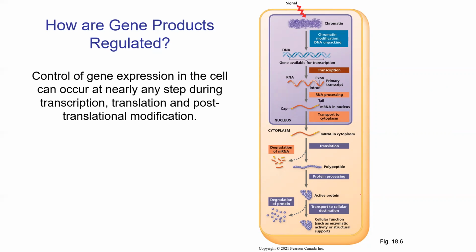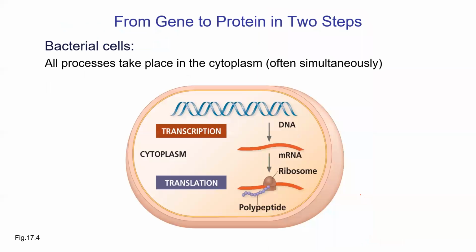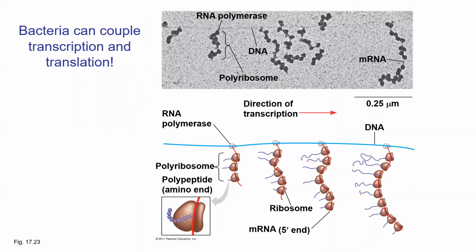And I want to show you one model for gene regulation in bacteria. Bacteria, of course, are much simpler. They don't have a nucleus and they have a lot less going on. So they're very good models for having a basic understanding of what is going on. So bacterial cells, as I think I mentioned before, are super efficient.